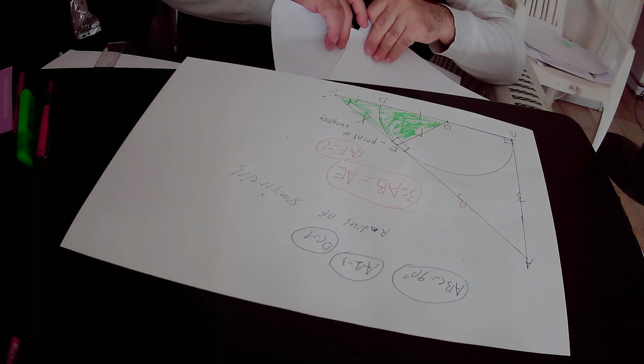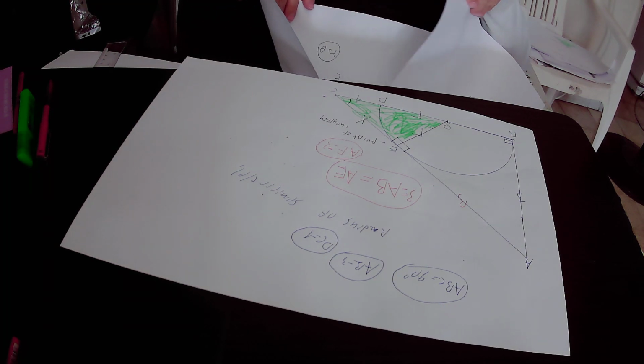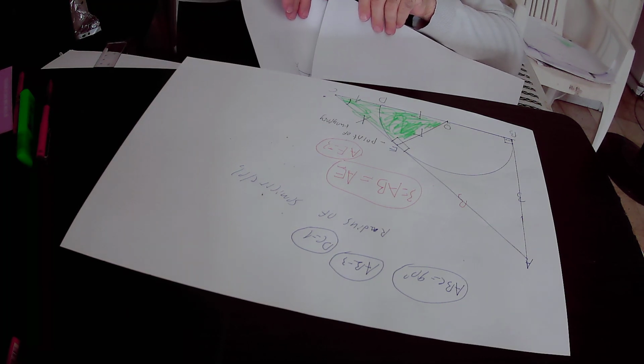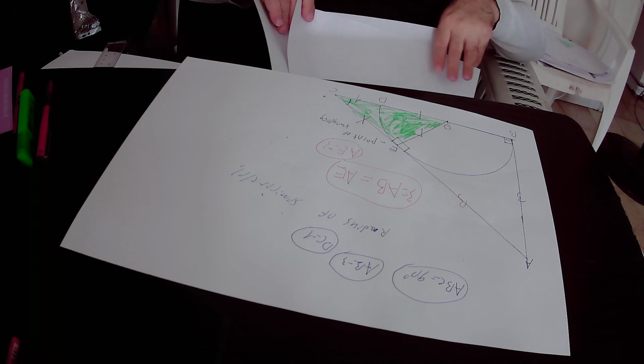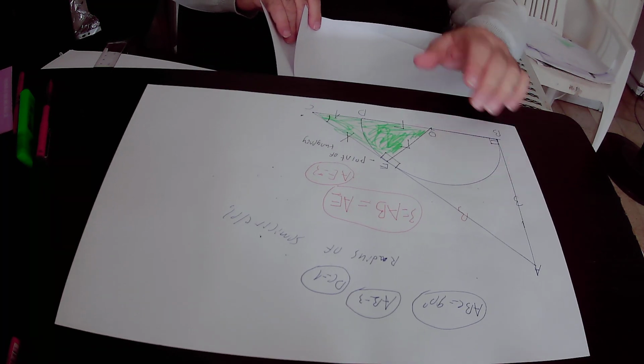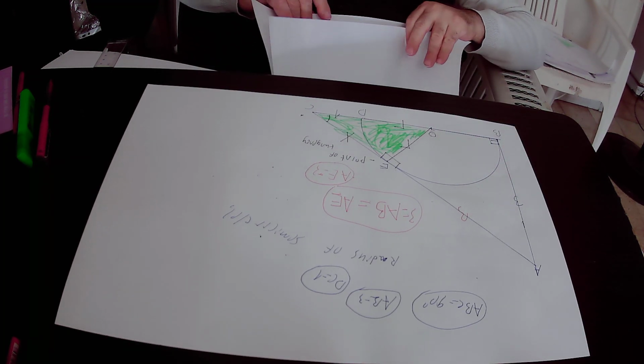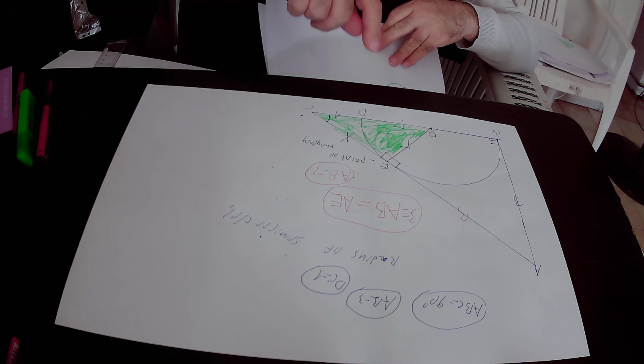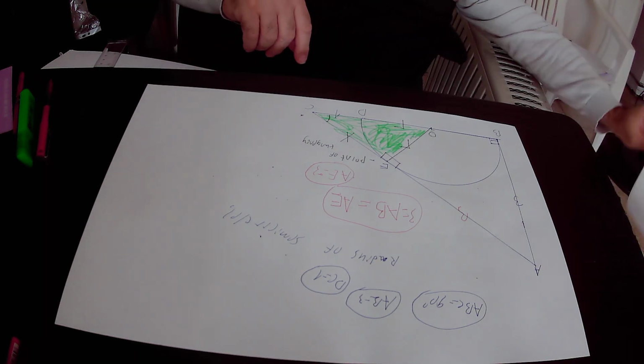So in total we proved that three angles of triangle ABC are equal to three angles of the green triangle, triangle OEC.